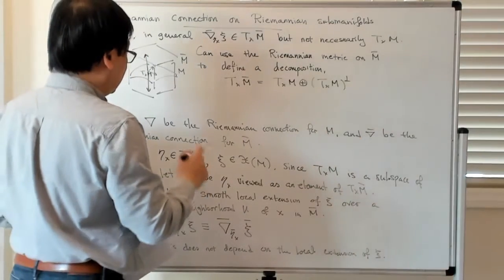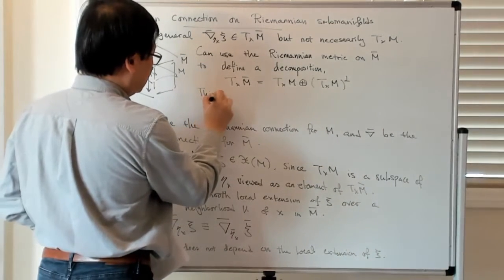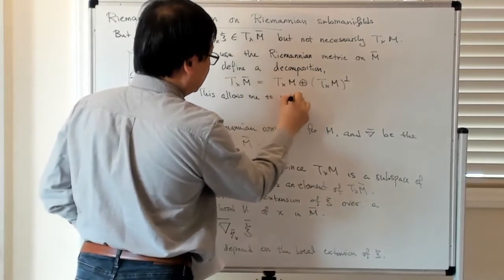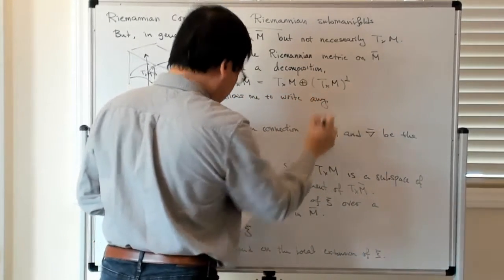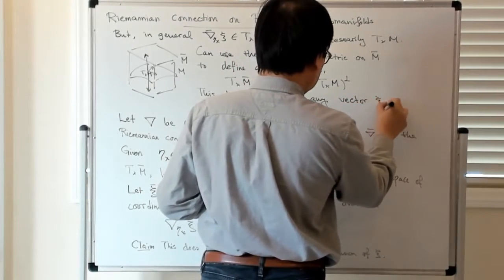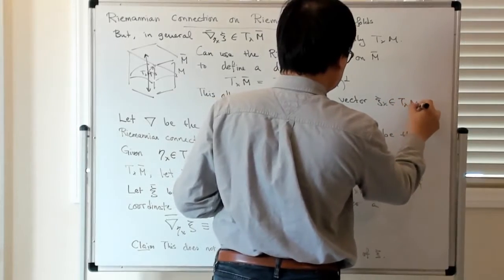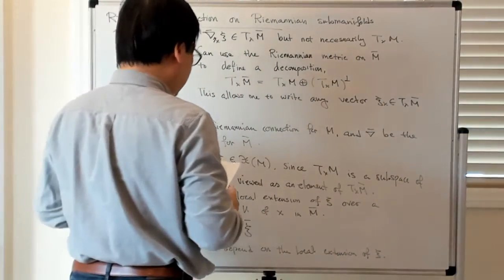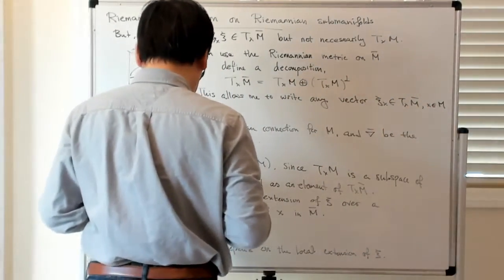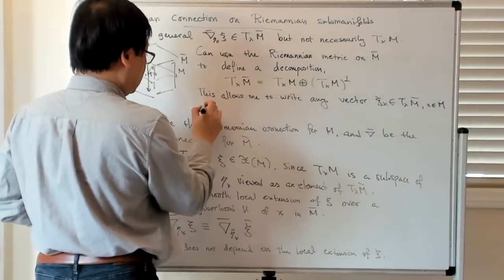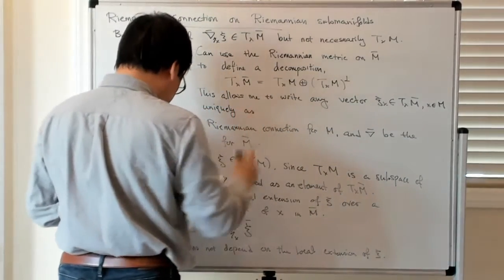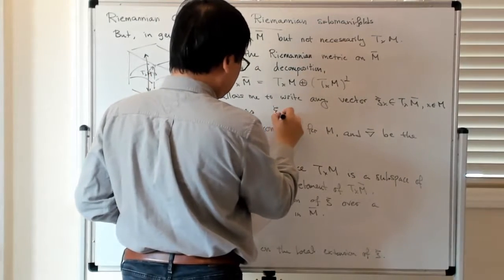to write any vector in the tangent space to M bar, if x is also on M, uniquely as a decomposition, right?